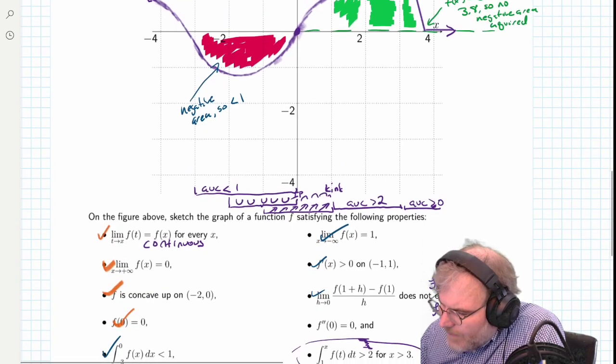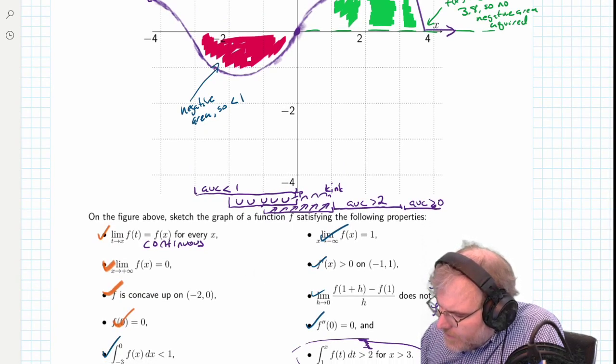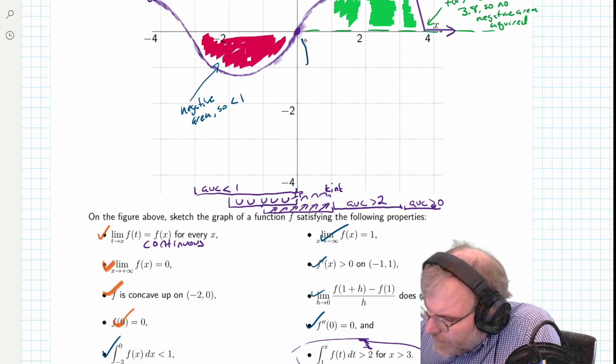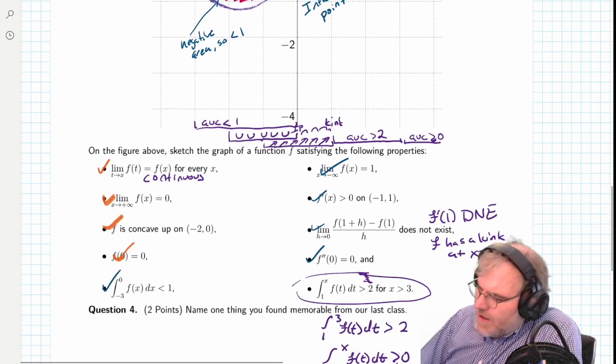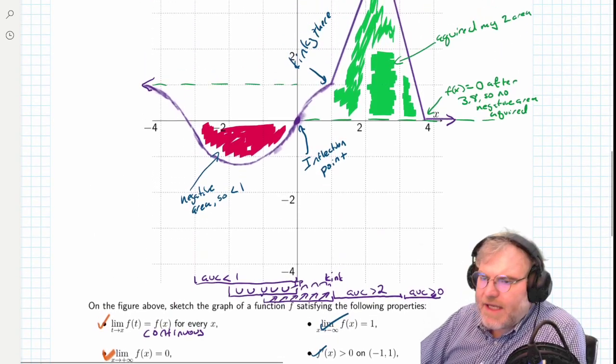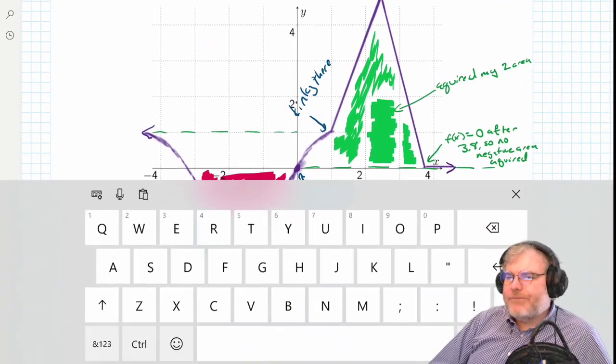Am I concave up? Yes. I need to be concave up. I'm sorry, do I have an inflection point? Yes. And have I accumulated enough area? Yes. So my graph is done.